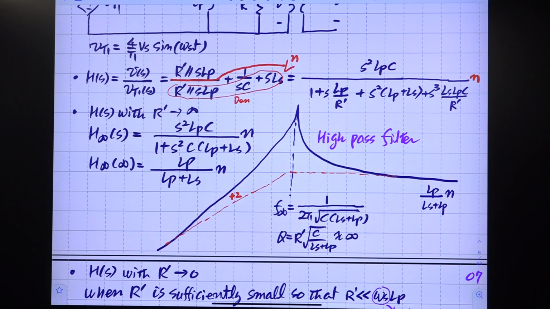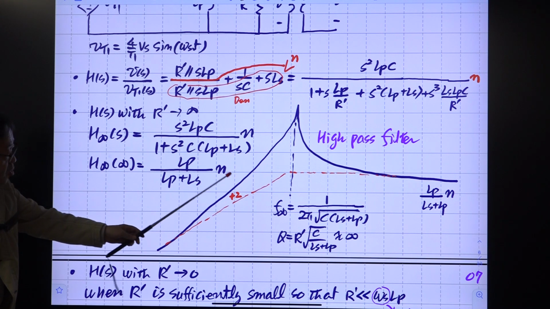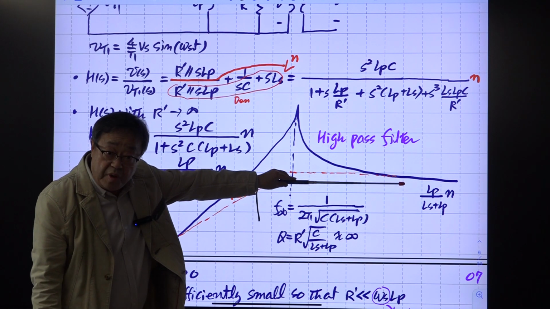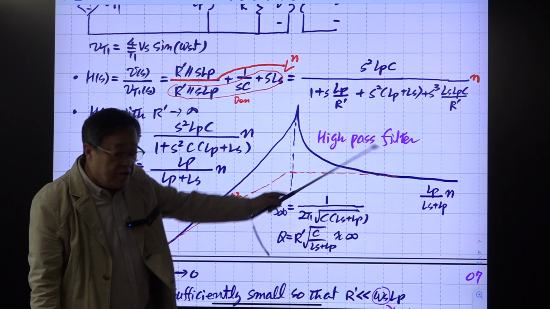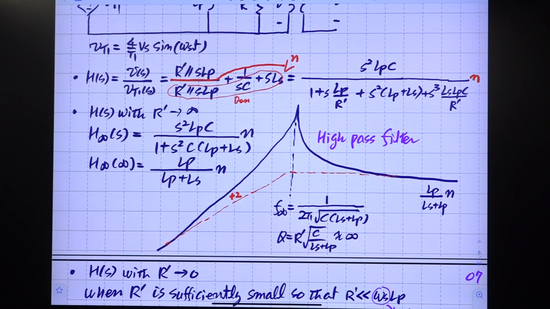This is double integration. We have a double pole here. So this +2 slope is transformed to 0 slope, which is a horizontal line. This is the asymptotic flow. And this is the quadratic form with Q of infinity.